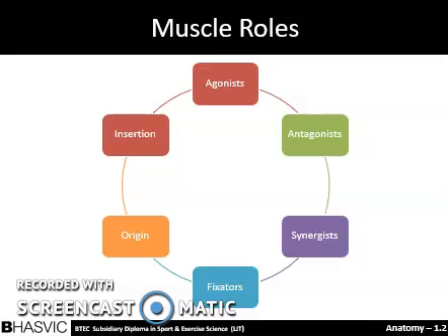Synergist muscles also help to create the movement as well. A fixator in a movement is the muscle that stabilizes the origin of the agonist and the joint that the origin moves over in order to help the agonist function most effectively.